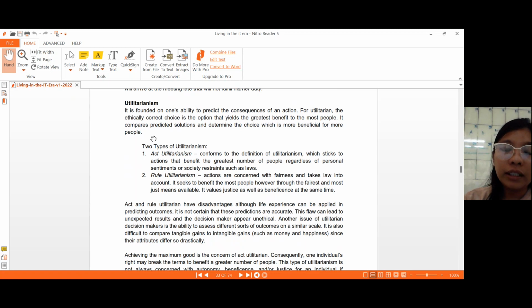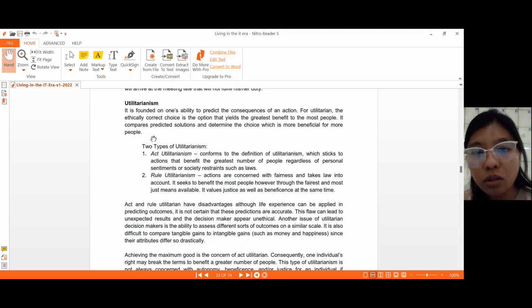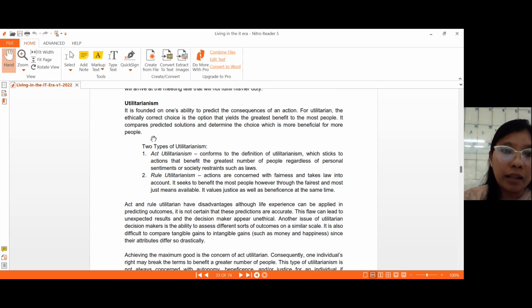Okay, sa rule utilitarianism naman, let's take that example for act utilitarianism once more. So yun pa rin, zombie series pa rin. Doon sa 100, for example, na infected ng virus na yun, hindi nila agad papatayin. Hanggat maaari, dadaan pa sila sa just means available. Ano pa yung mga means?